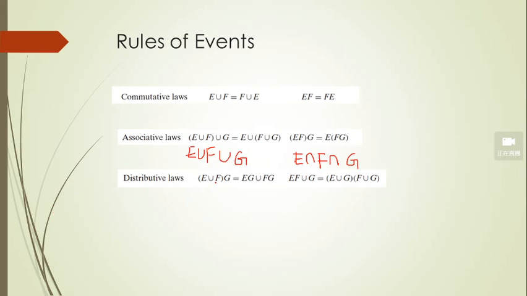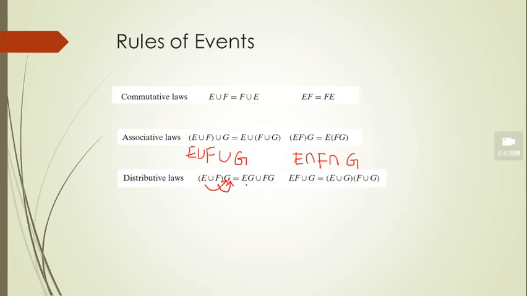Okay, distributive laws. (E union F) intersect G. Okay, event E or event F, and event G. So that equals the operation will be (E and G) union (F and G).